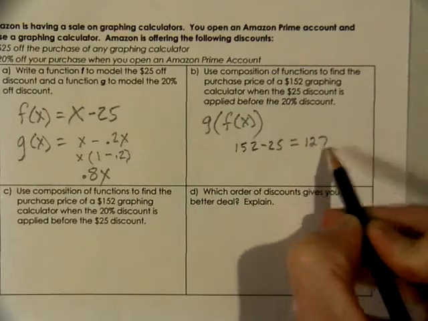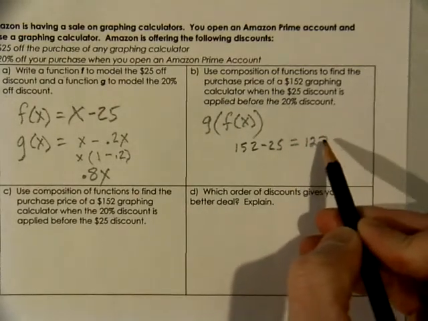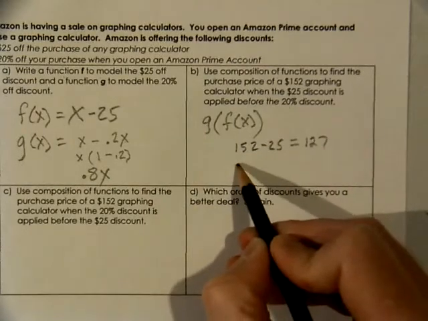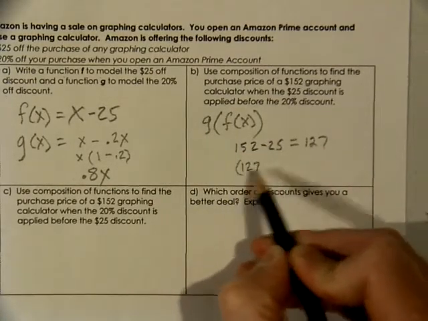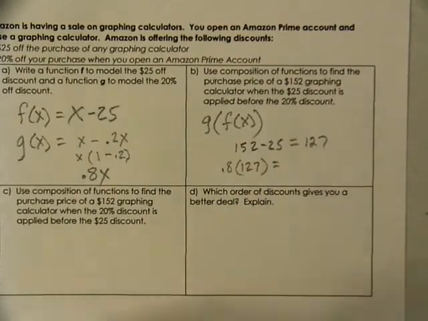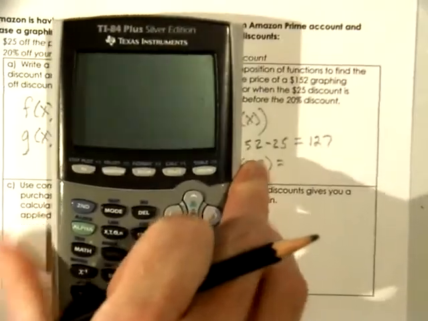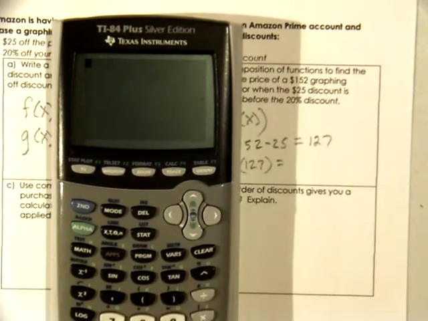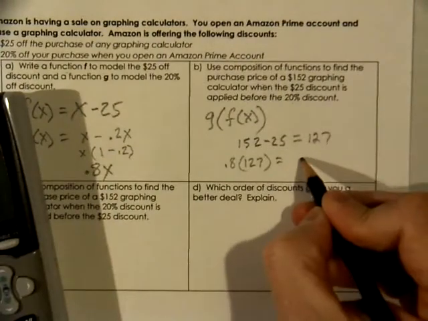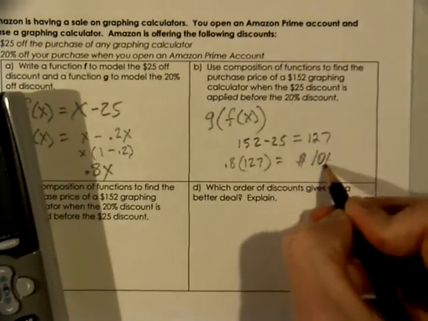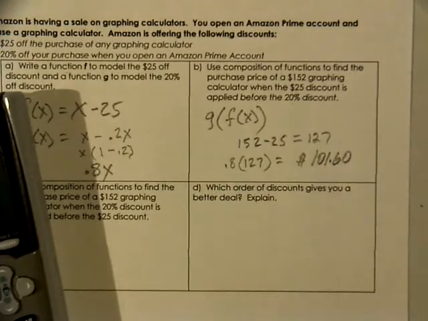So this is going to be 127. And then from the cost at 127, we're going to do 0.8 of that. So we had 152, and we minus the $25, and then we're going to times that by 0.8 because we pay 80% of the price. So we're going to pay a total of 101.60.